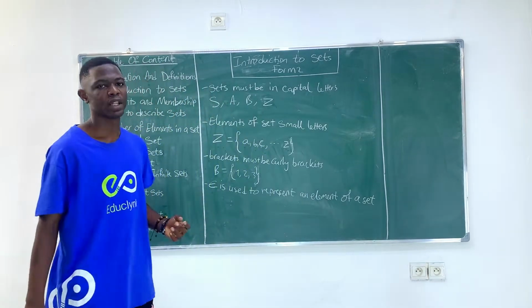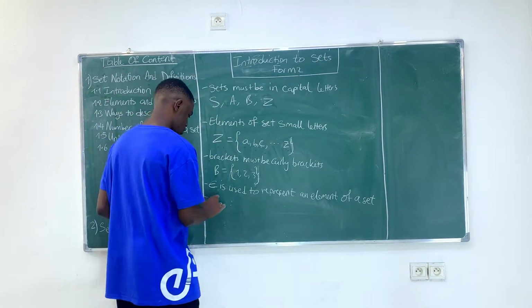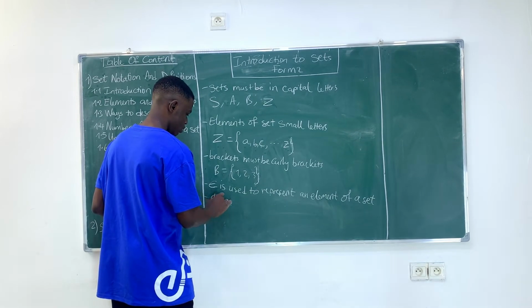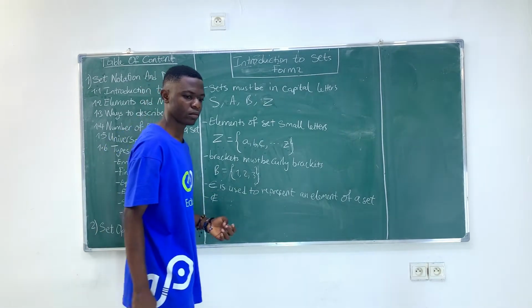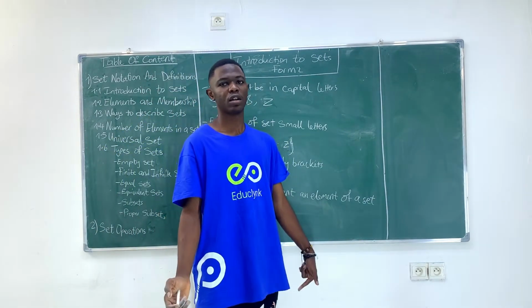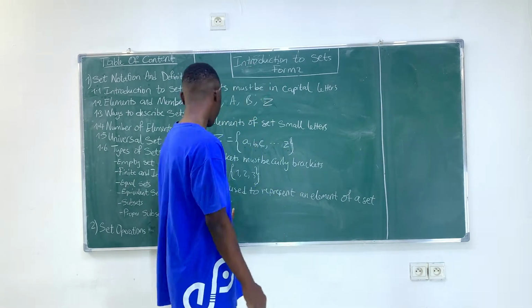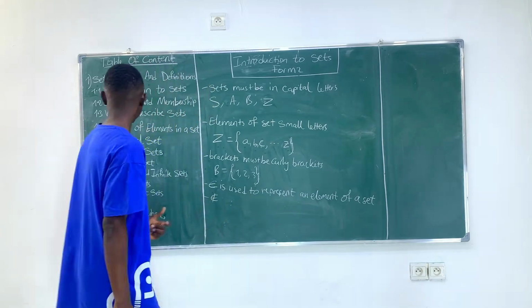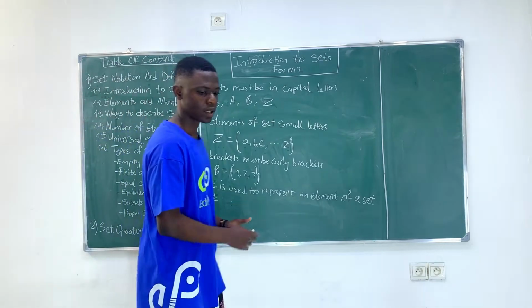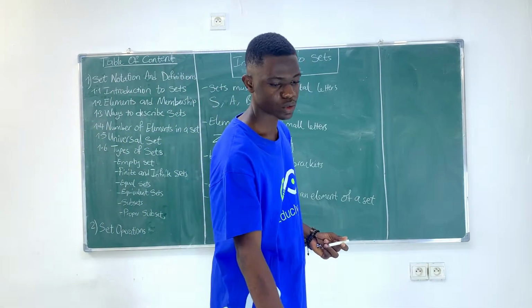So you use this one to represent an element, and you use this one to represent any element that is not part of the set. Yeah, so that's all. Now I'm going to show ways to describe a set.